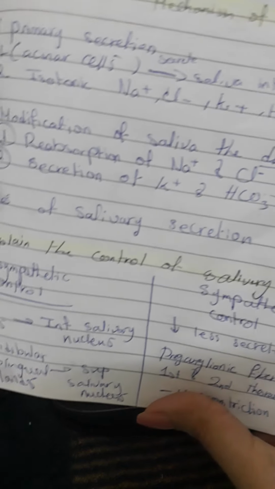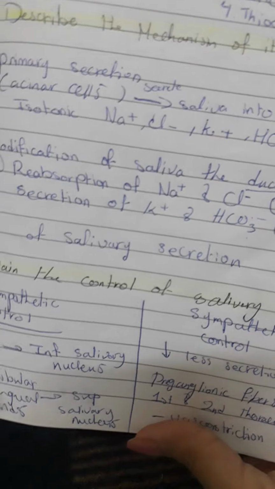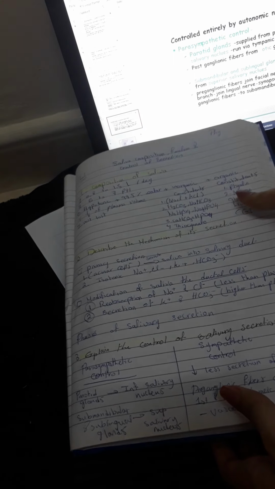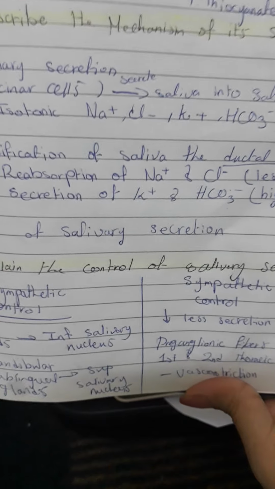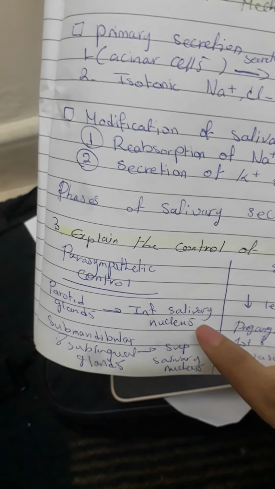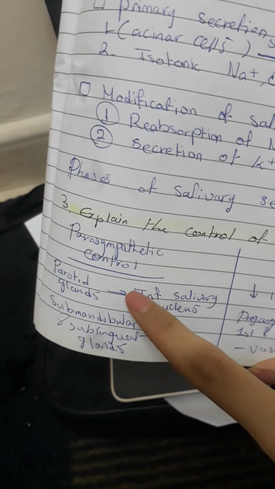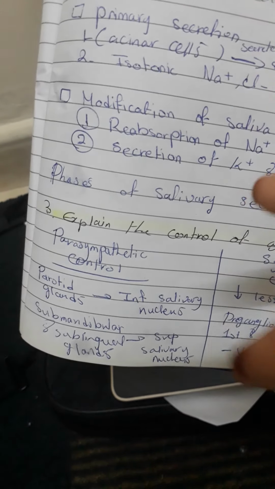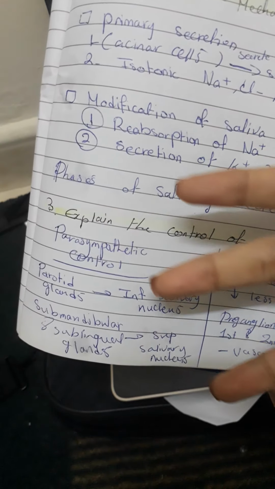Let's move to the third objective, which is to explain the control of salivary secretion. There are two autonomic nervous systems: parasympathetic and sympathetic control. In parasympathetic control there is more secretion of saliva.